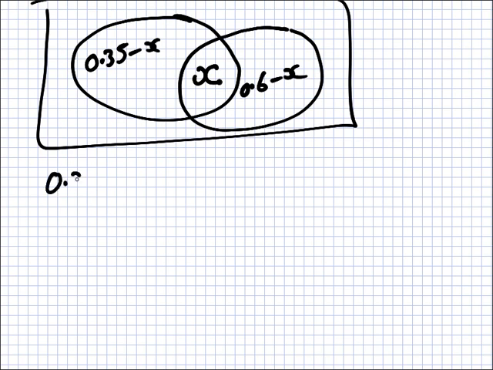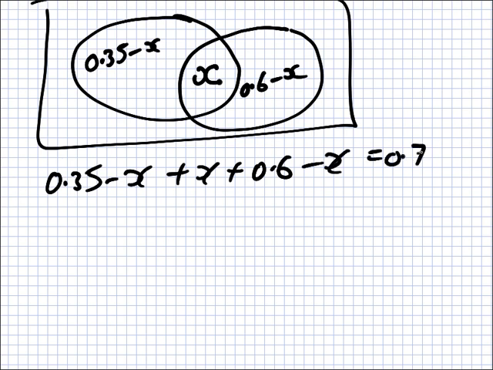So that means 0.35 minus X plus 0.6 minus X equals 0.74. So that gives us an X, doesn't it? What did you get? 0.21.